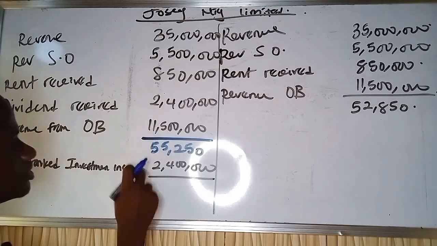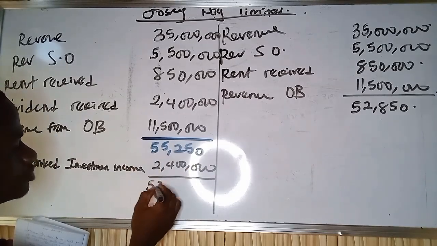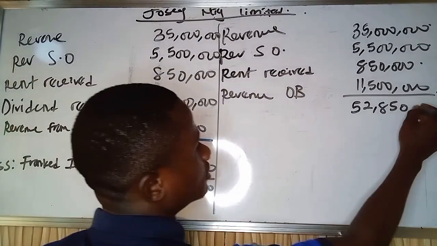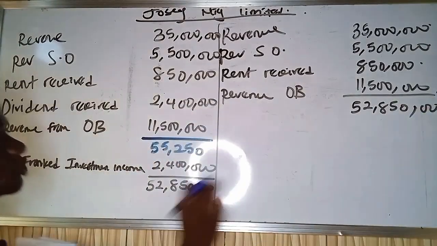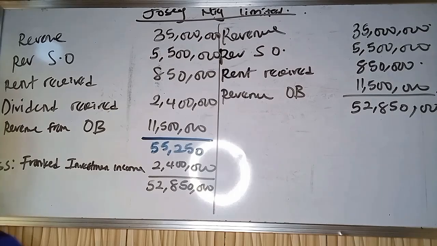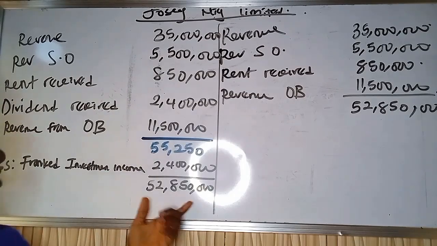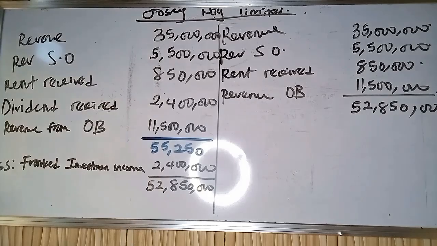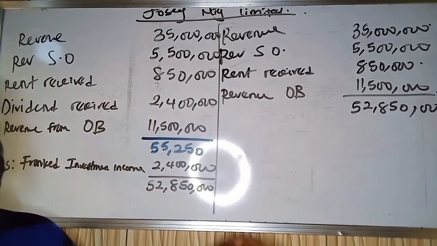And if you subtract it, you'll be having 52,850,000, which is the same thing we have. So as you can see, any method you use, you will get the same thing. But the most popular one is this one, where you had your franked investment income, then you later subtract it. So whether you use this or this, you'll be marked right by the regulator.